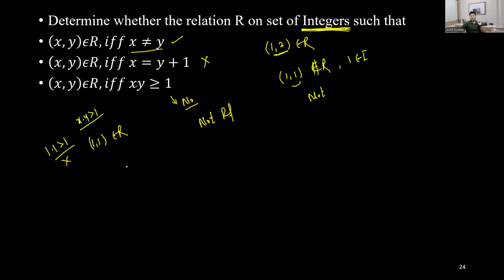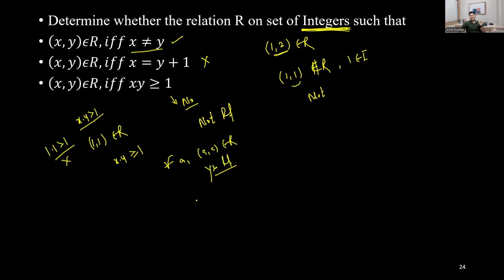So not reflexive. But it is greater than or equal to, so now we are supposed to think: is it reflexive? I think yes. (1, 1) is there, (2, 2) is there, (-1, -1) is there, (-2, -2) is there. For every a, (a, a) belongs to R, so the relation is reflexive, yes.